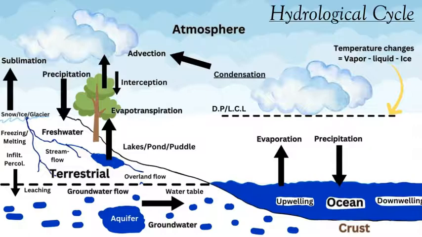And then you have the water, which is going to flow over the terrestrial surface, the relief, the terrain, and affect the geomorphology, and also flow into the soil, which is called infiltration, and then percolation through the soil and create soil moisture.